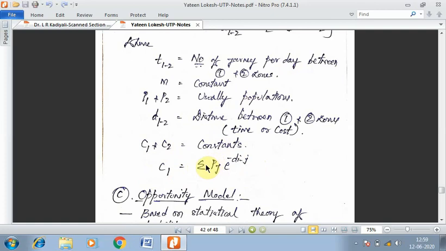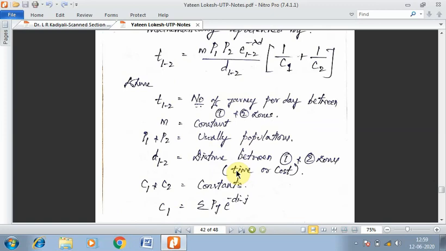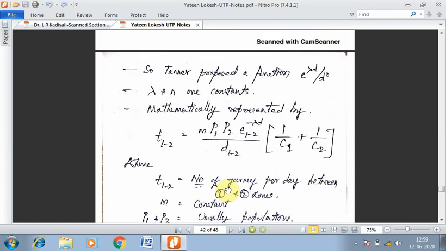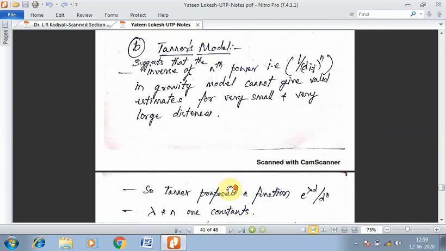So C1 is equal to the summation of Pj multiplied by e raised to di to j. This is how you will get the constants C1 and C2 depending upon the population you have for zone 1 and zone 2. So this was the expression given by Tanner.